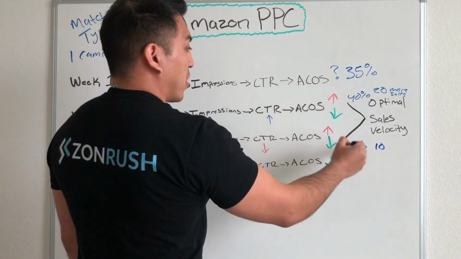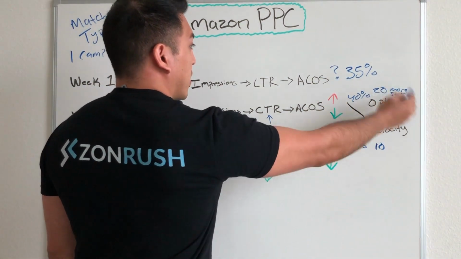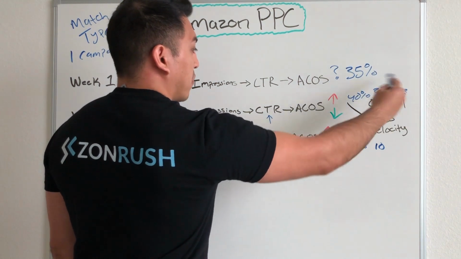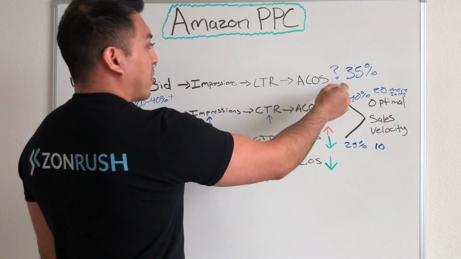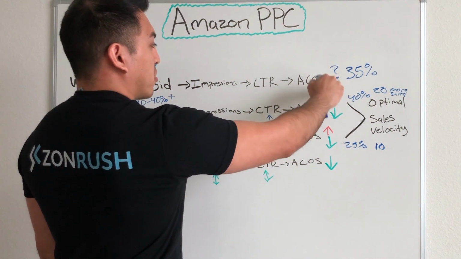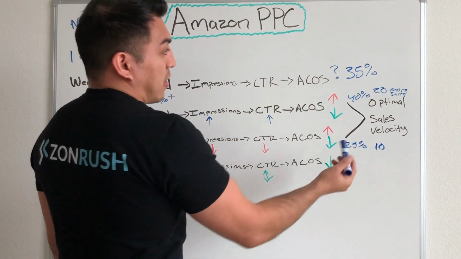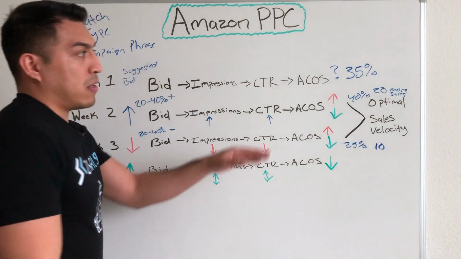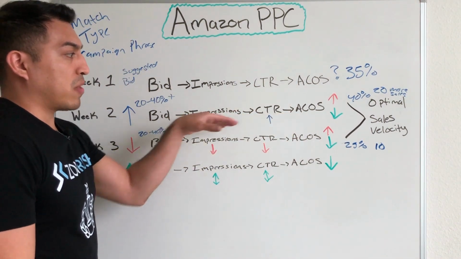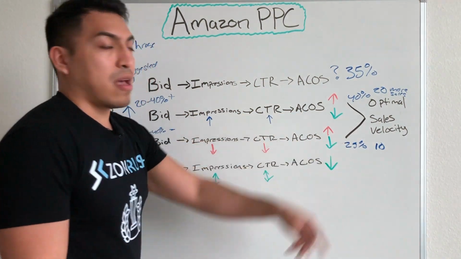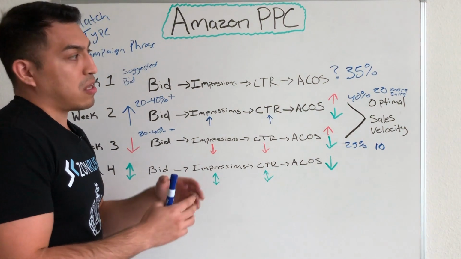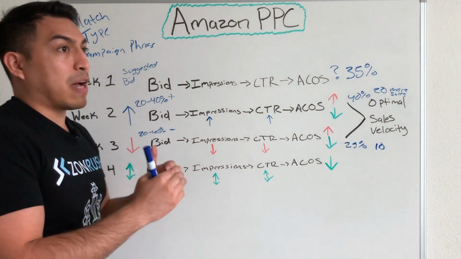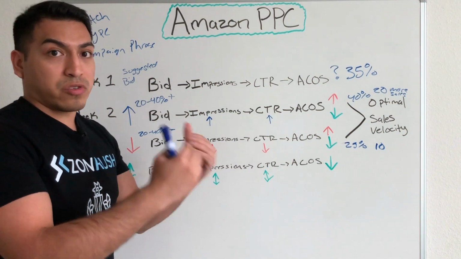So the reason why you want to test these two is because you've got to see what's more profitable for you long term. If you're making more sales with just a little bit higher ACoS, it can be worth it for you to keep the bids here as opposed to lowering the bids and losing that much needed sales velocity, because on Amazon, PPC really helps you move higher in the search term reports.